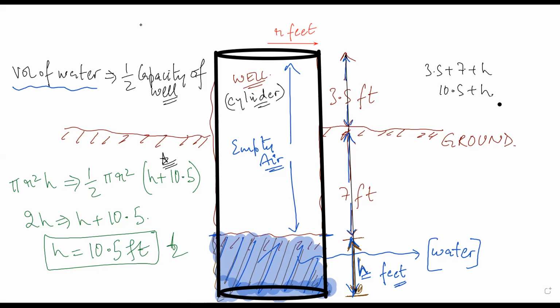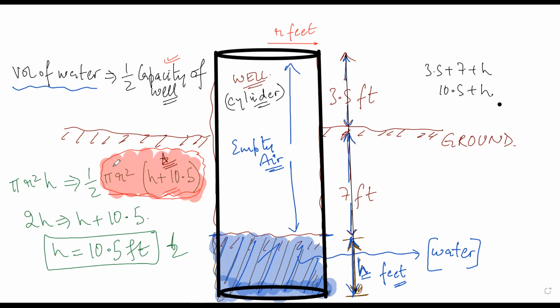Yes, sir. So the total capacity would be pi r square into h plus 10.5. Sarthak, have you understood this? Yes, sir. Now this is the total capacity. This whole is the total capacity. Let me mark it like this. This is the total capacity.